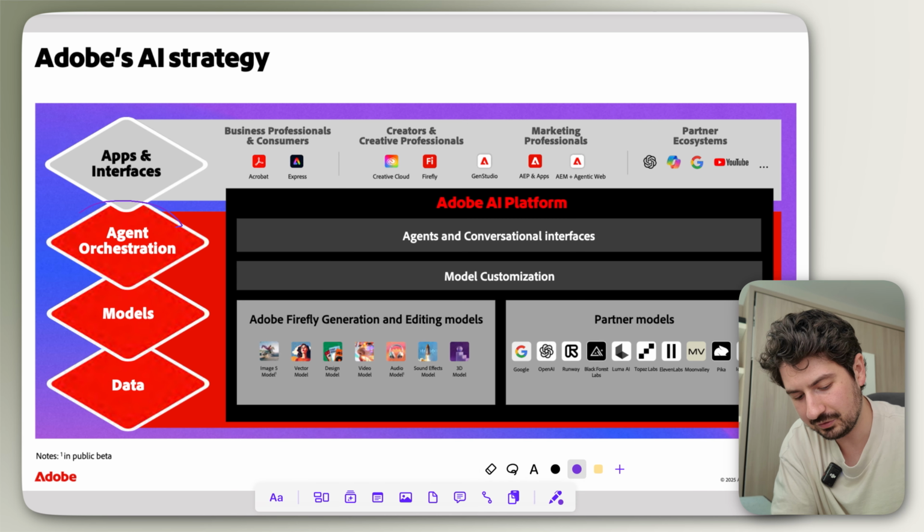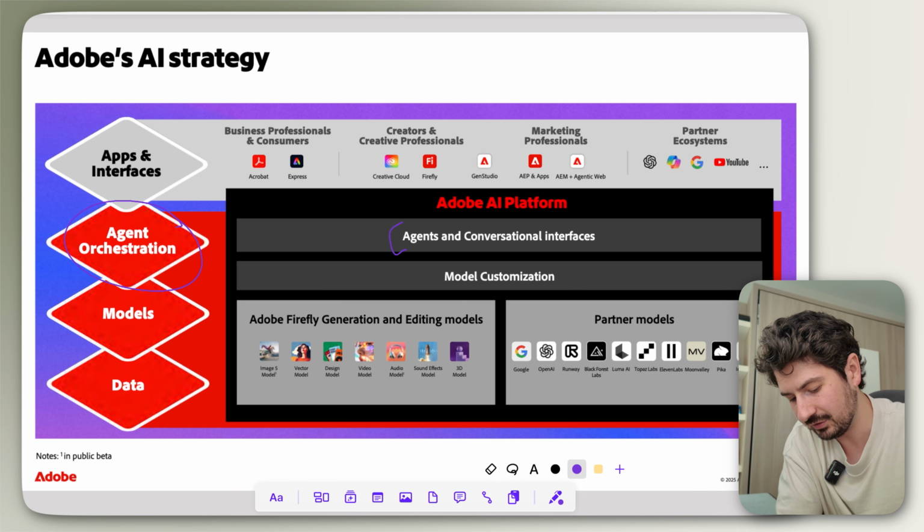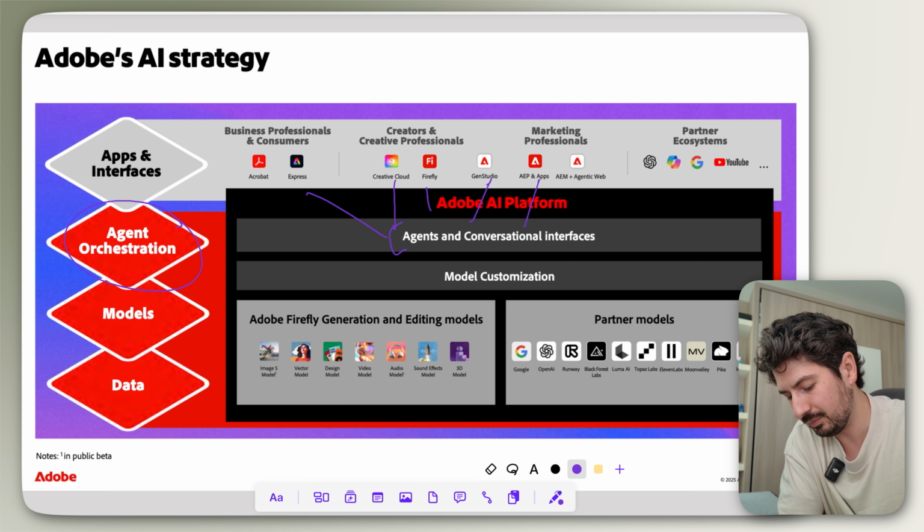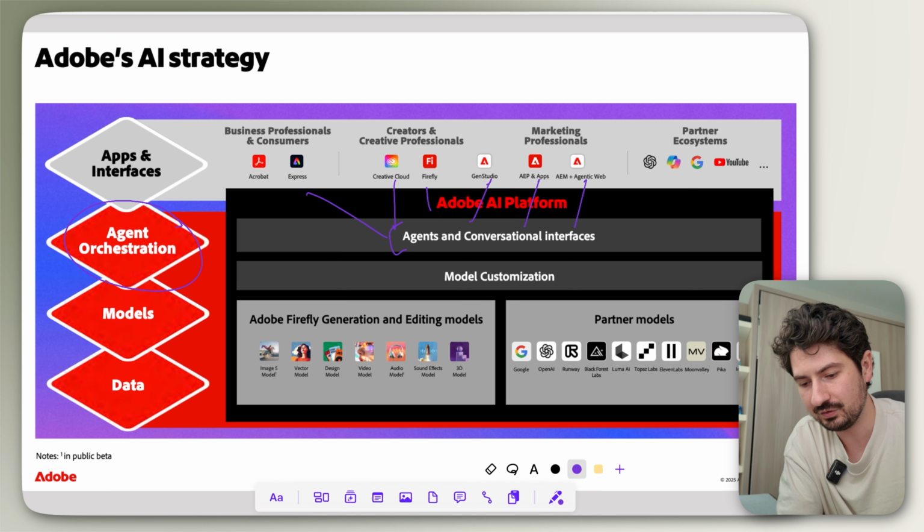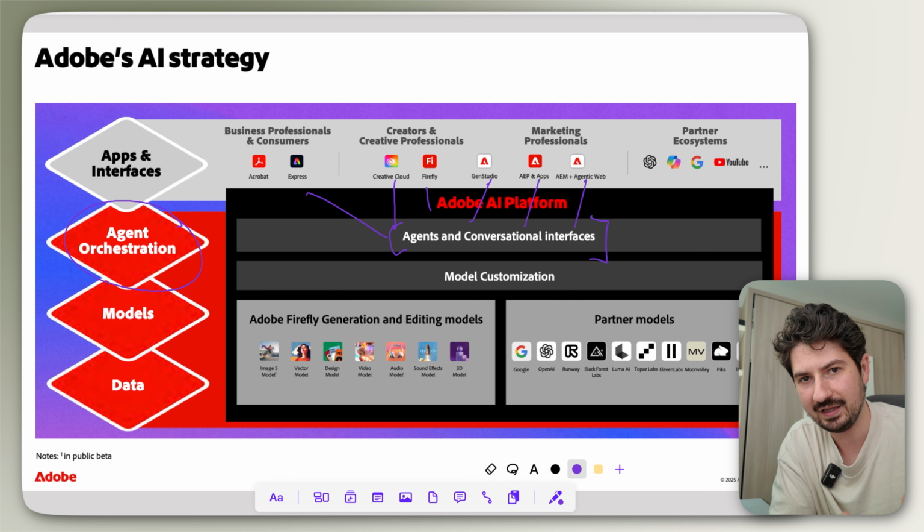That's the agent orchestration layer, where we have these agents basically underpinning all their apps, including the ones that marketing professionals and enterprises use to manage their campaigns already. Adobe's already here. They're just integrating everything on top of an agentic AI platform.